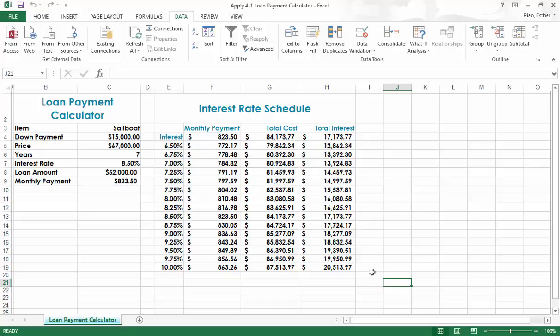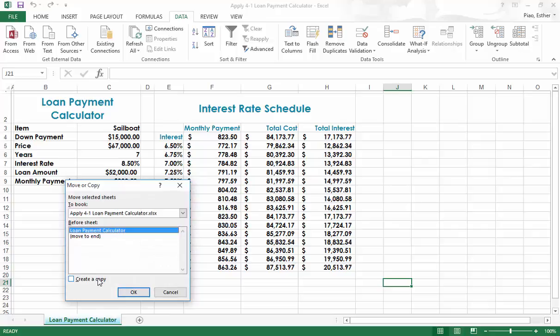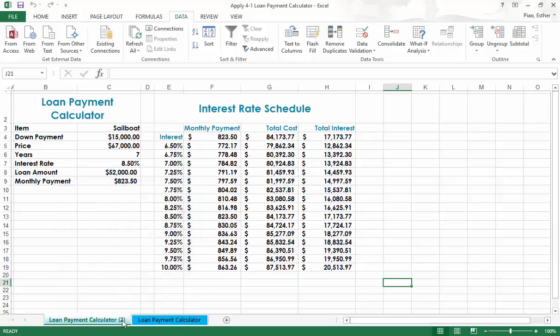Okay, so let me try to complete it with the second way, which is naming the cell. You can start a new document, you can start a new workbook, or you can generate a copy just like I am doing now. Create a copy within this workbook and press OK. And we see that a second worksheet appeared here.